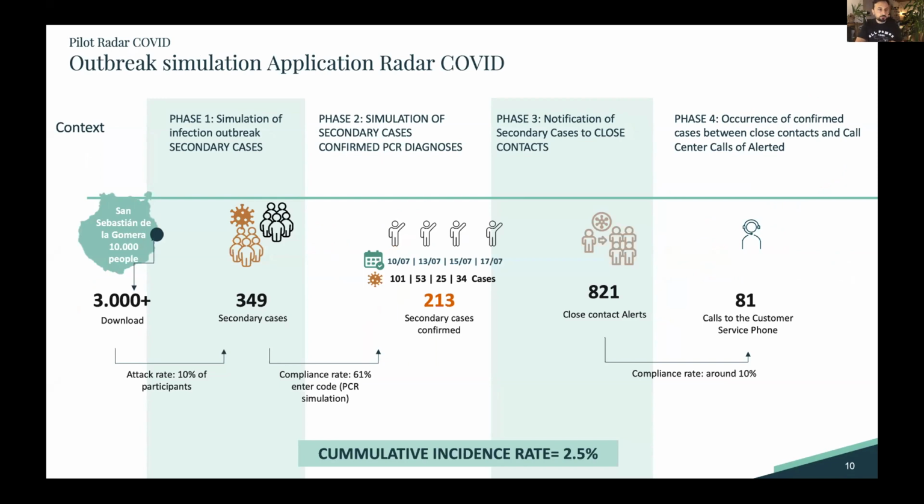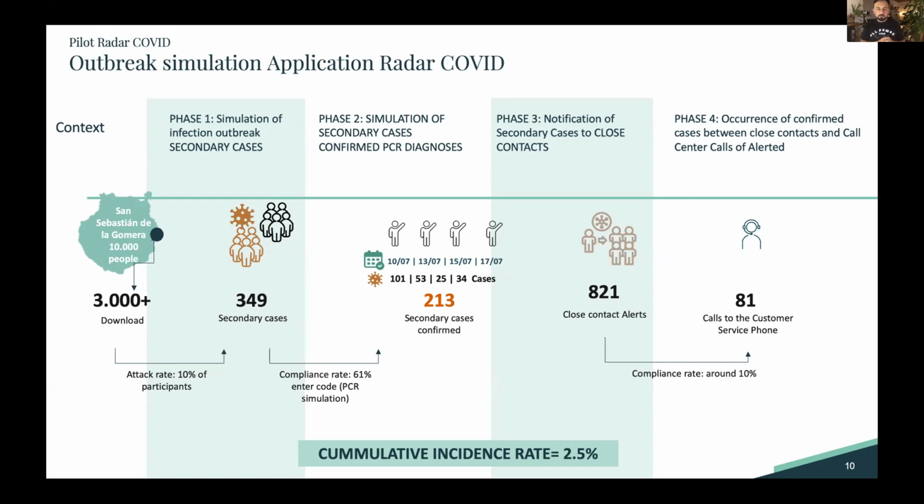As I said, in the island, about 10,000 people living there, more than 3,000 people downloaded. We simulated an attack rate of about 10% of the participants, so about 349 secondary cases were created as fictitious infected cases. Out of those, we had about 213 confirmed cases, so a compliance rate of people participating, after saying that they were going to volunteer, of about 61%.